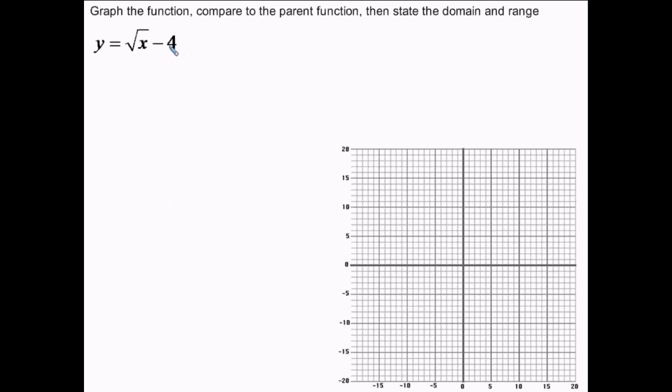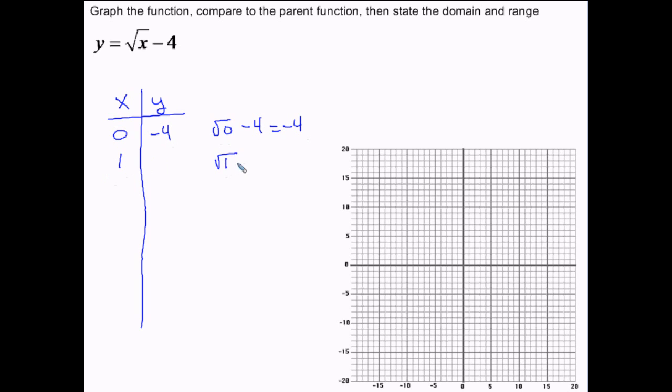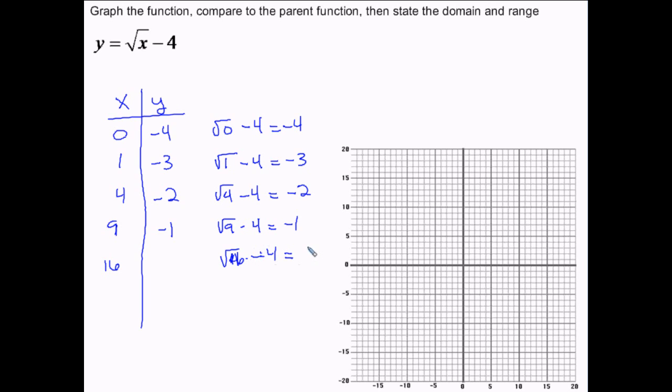I have a minus 4 outside. So I can plug in that square root of 0. 0 minus 4 is negative 4. 1 minus 4 is negative 3. 2 minus 4 is negative 2. 3 minus 4 is negative 1. 4 minus 4 is 0.